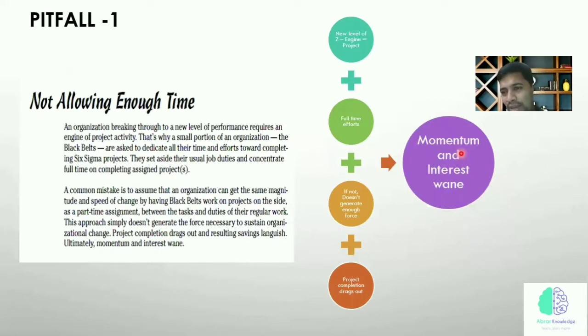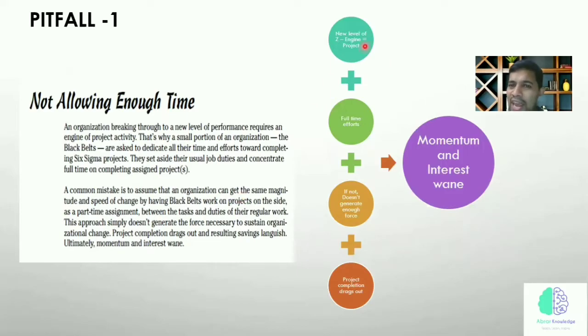So the mistake number one, the pitfall number one, is not allowing enough time. I have already written the actual script here, and my version I have added on the right side as a summary.